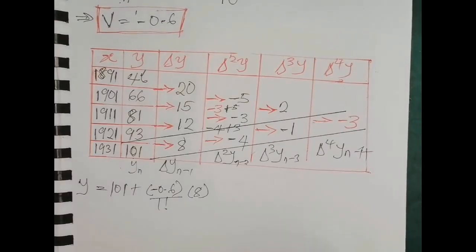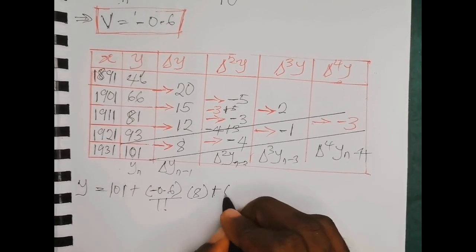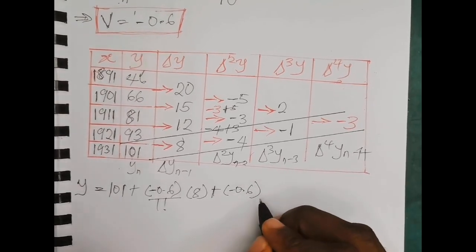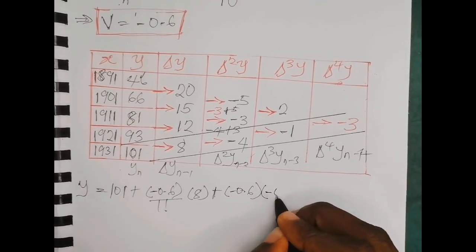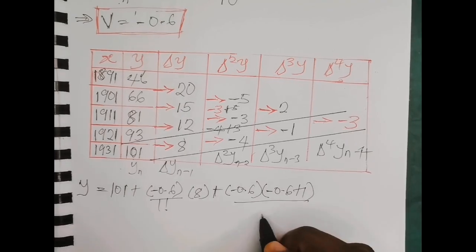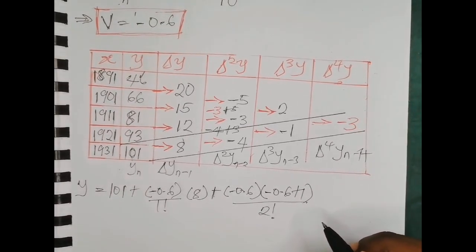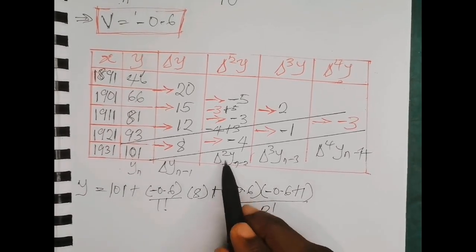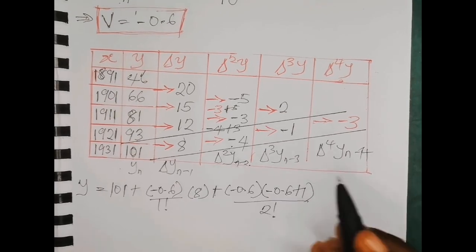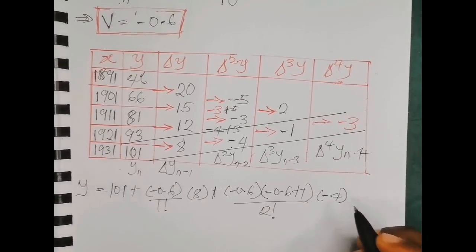Once again, v is negative 0.6, so you have plus negative 0.6 times negative 0.6 plus 1, all over 2 factorial multiplied by delta squared yn minus 2, which gives us negative 4. So we are multiplying this by negative 4.